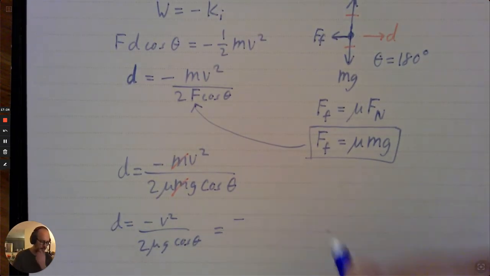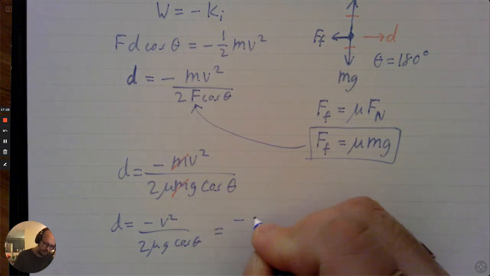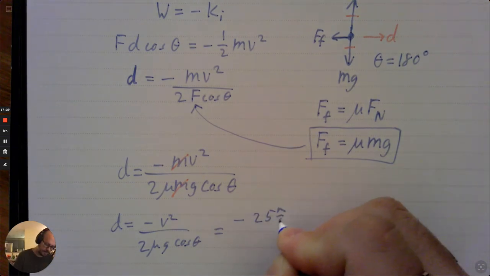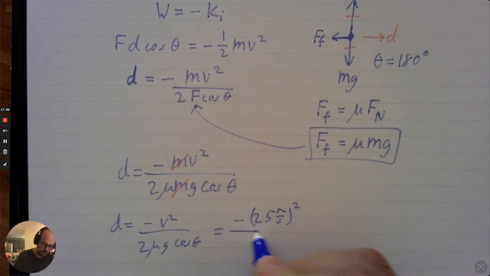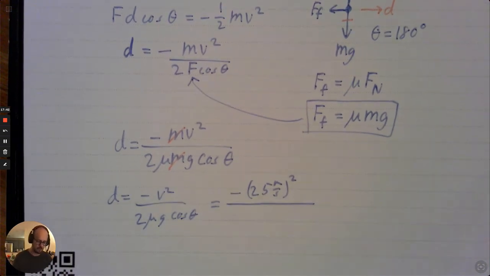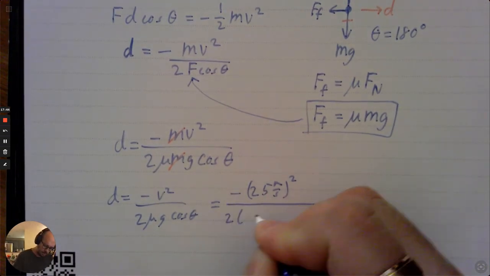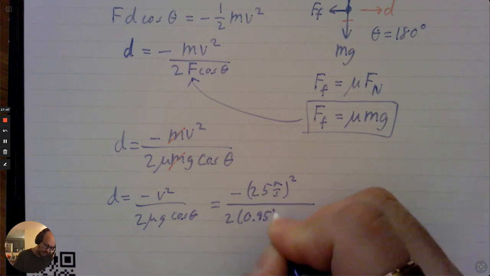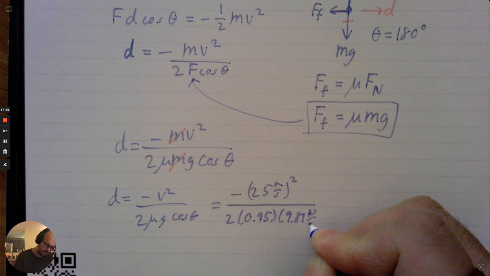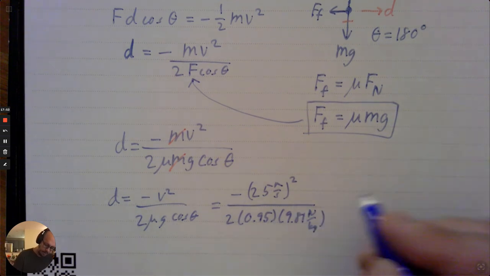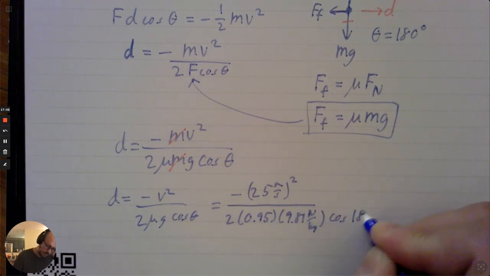So I have negative. V was 25, so 25 meters per second, and that gets squared. Very important. It is not the square of negative 25. It is the negative of the square of 25. So the numerator should be negative in this situation. On the denominator, 2 times 0.95 times 9.81 times the cosine of 180.